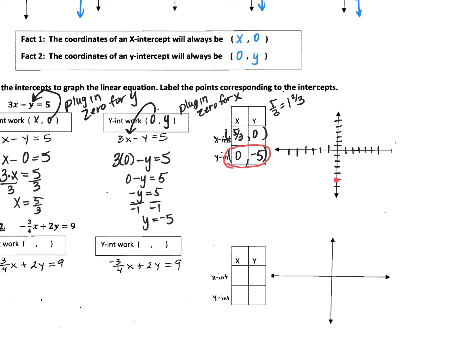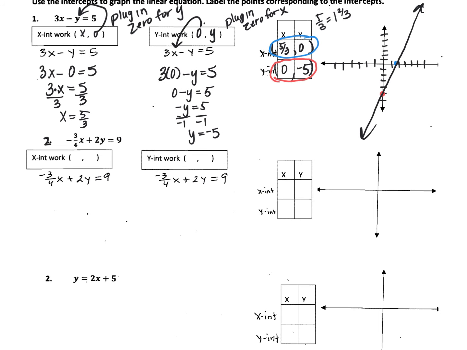And then my x-intercept, I'm going to put it in blue. 1 2/3, a little bit more than halfway. And then we're going to connect it. Okay, I should always have a point on the x-axis and a point on the y-axis. And I'm connecting those because I'm connecting the 2 points where it crosses the axis. I should never have just one point when I'm graphing using this method.